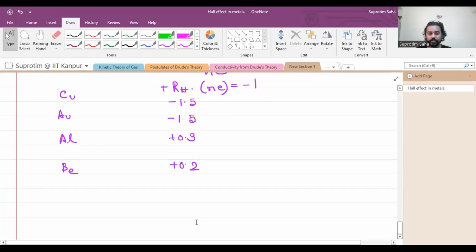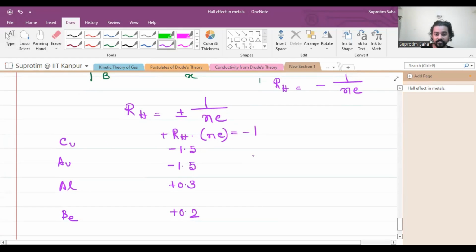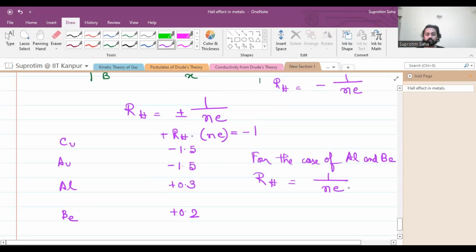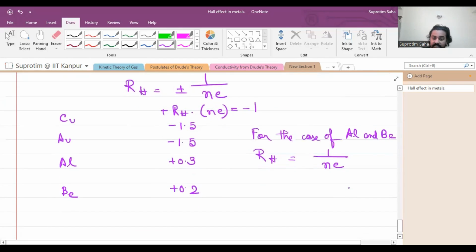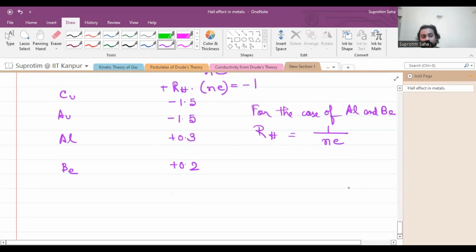All right. So for the case of aluminum and beryllium, RH is equal to 1 by NE. What happens is that for realistic cases, for experimentally measured quantities, this Hall coefficient for aluminum and beryllium and likewise comes out to be positive.